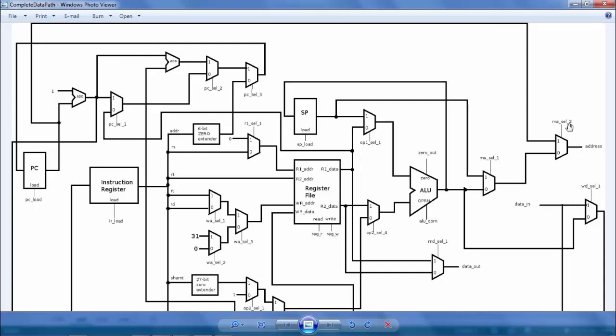This way. So MS select 2 and MS select 1, the other path is either selecting between the stack pointer or a memory address which is being computed by the ALU, the address being computed by the ALU for load word and store word instruction.